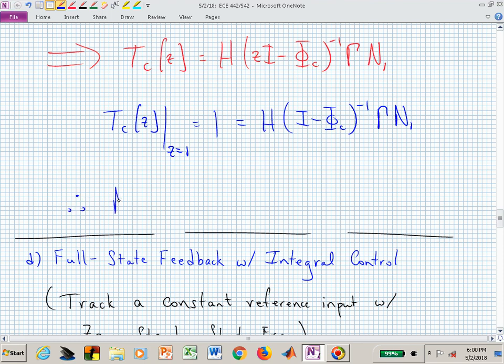or if we solve that now for N sub 1, let's assume that we have a single input, single output system. H is one row tall, and gamma is one column wide. That mess, H times I minus phi sub C inverse gamma, is a scalar. It's 1 by 1, even if the matrix phi sub C was 10 by 10.